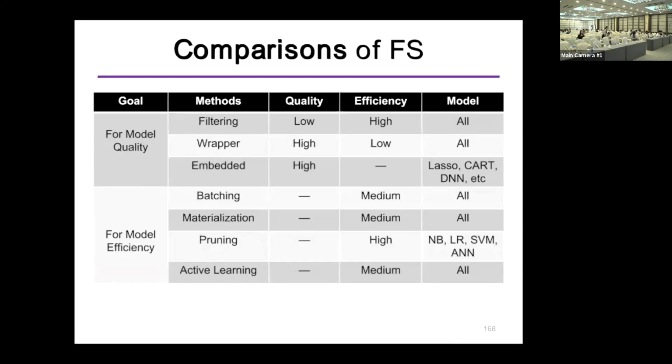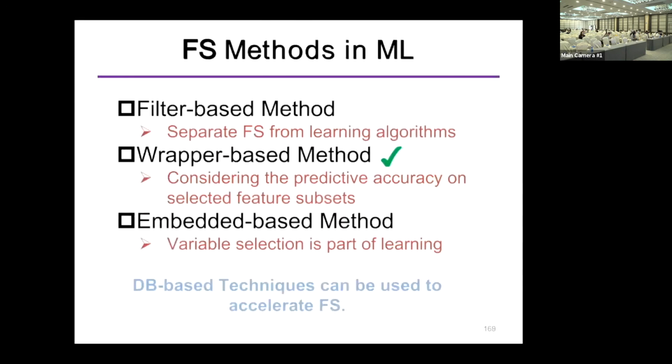Since model efficiency does not influence the model quality, we just care about the efficiency in the second part. First, let's briefly talk about the feature selection methods in the machine learning community.